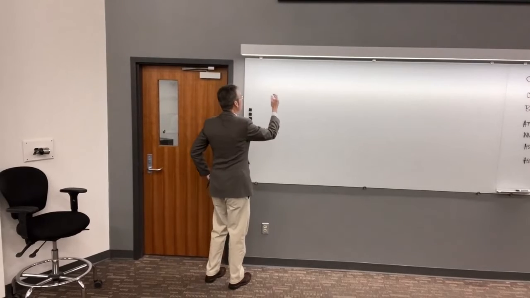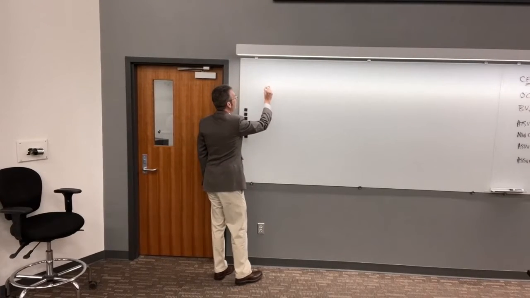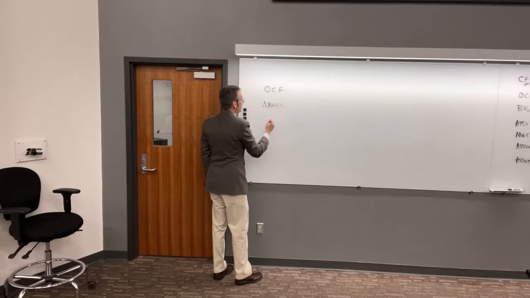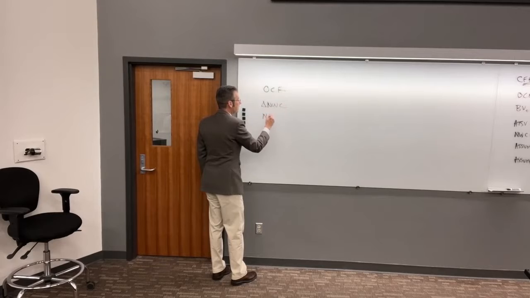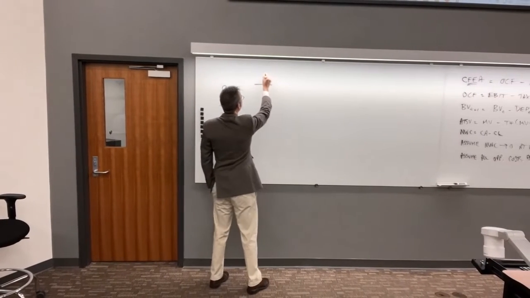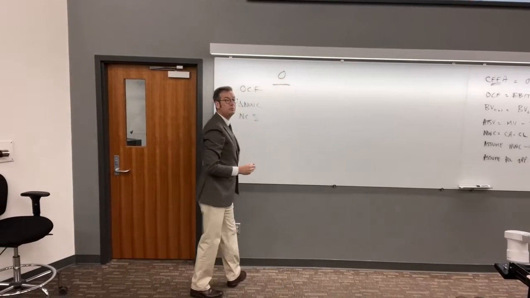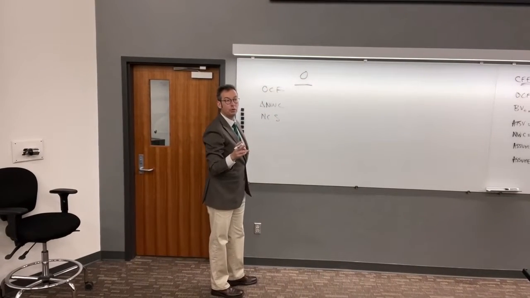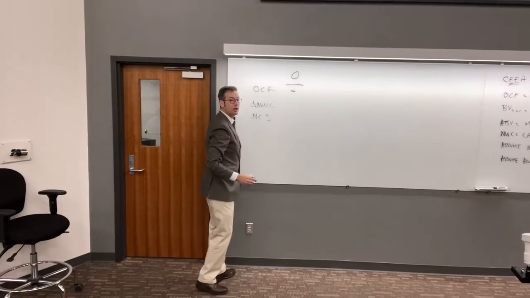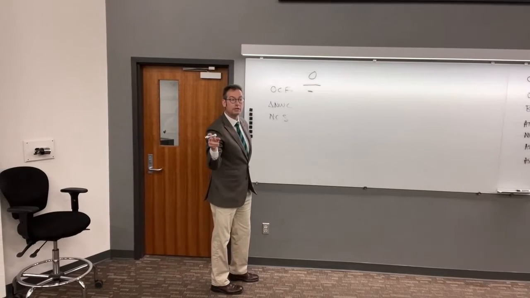Remember that we're figuring CFFA, and we've got to have our operating cash flow. We've got to have our change in net working capital, and we've got to have our net capital spending. And we know that things are going to be messy at time 0 because, first of all, we don't have any operating cash flow.